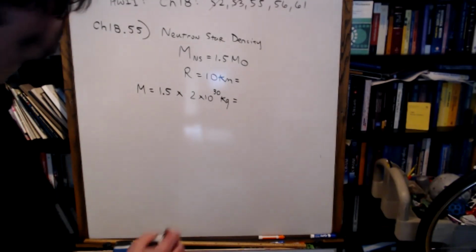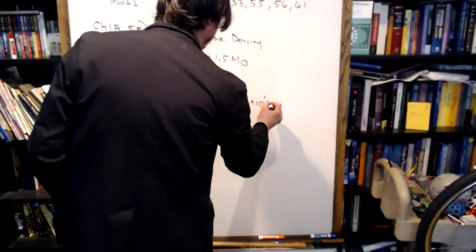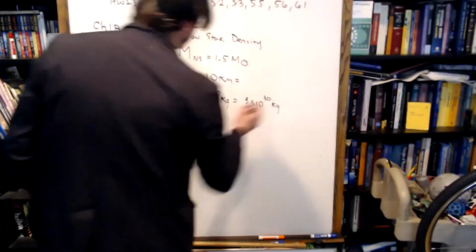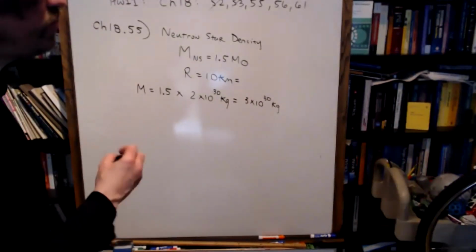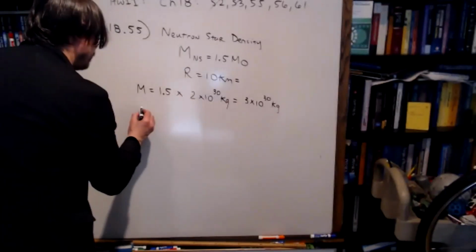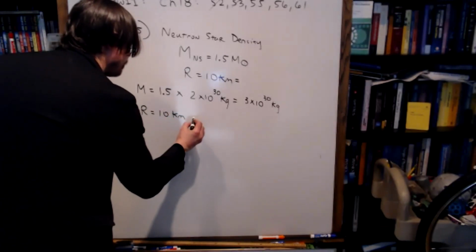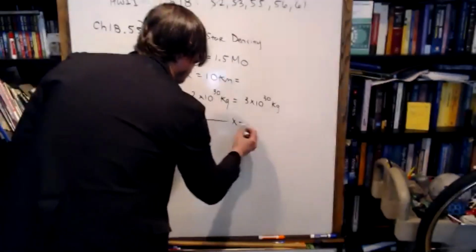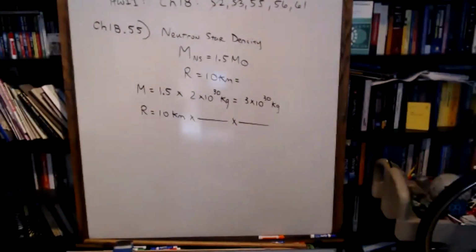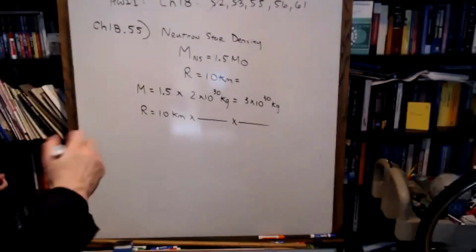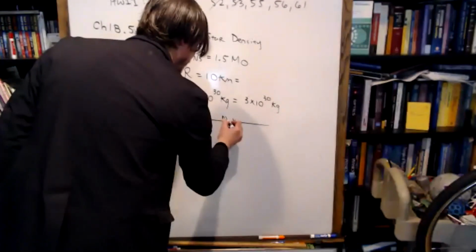So that's 3 times 10 to the 30 kilograms. We have to calculate this in kilograms per cubic centimeter. So now we have to convert 10 kilometers. Convert it to meters and then convert it to centimeters.